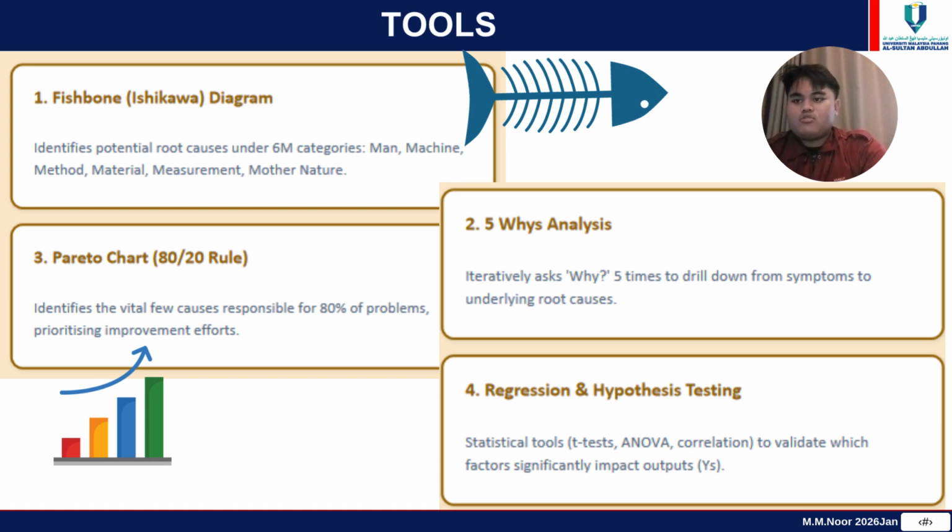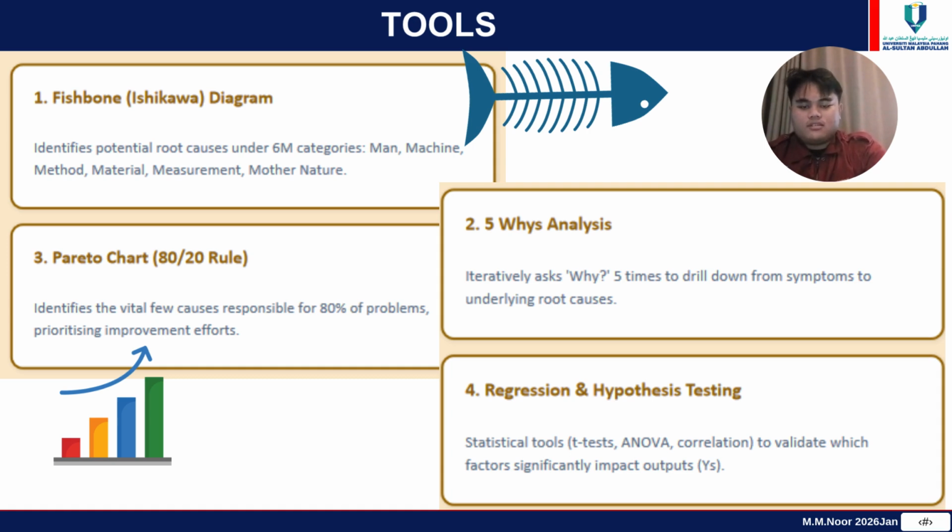Let's take a quick look at the core tools we use in the analyze phase. First one is fishbone diagram. This helps us categorize potential root causes using the standard 6M framework. Next, 5 whys analysis. A simple but effective way to drill down from a surface level symptom directly to the operational root cause. Third one, Pareto chart.